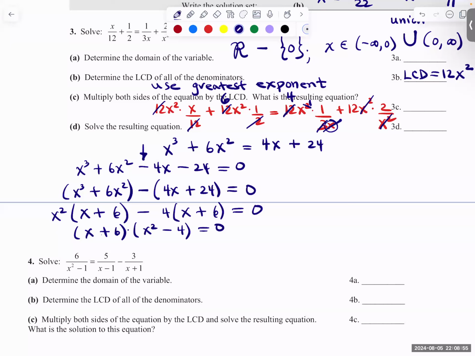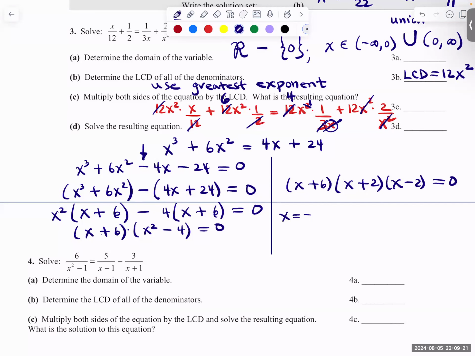X squared minus 4 is the difference of two squares, which is factorable as a product of conjugates. So let's go to the right here. We have x plus 6 times x plus 2 times x minus 2 equals 0. So we'll have 3 solutions here.